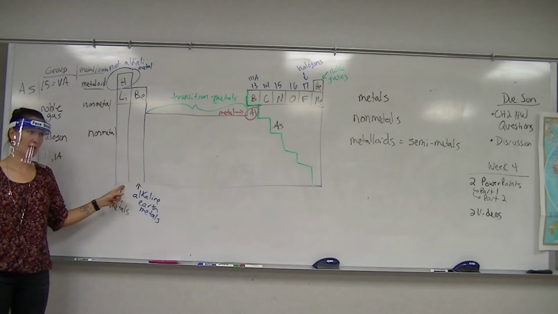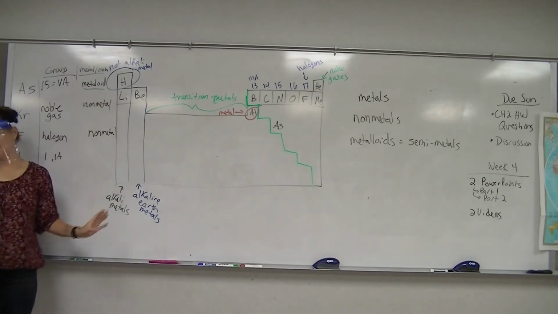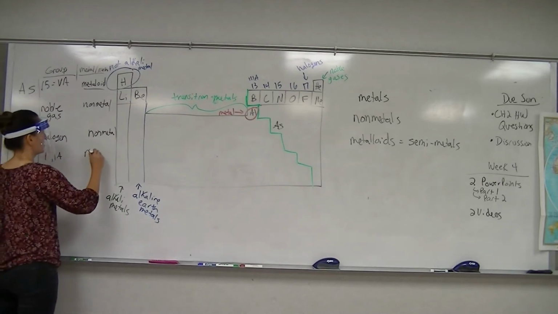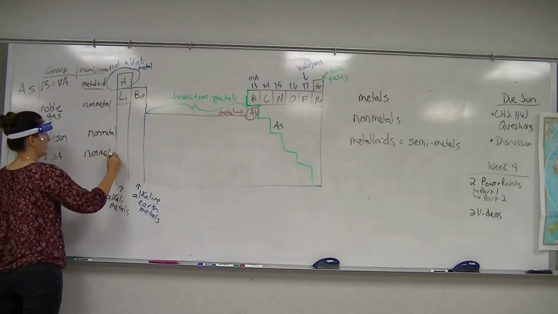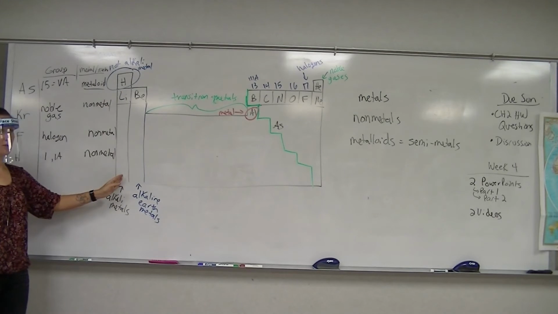So there is a reason why he's there. He doesn't fit property-wise there, but he fits because he has the correct number of valence electrons. And he's a non-metal, yes. So he's the exception. That's why I like to use him as an example. Any other element in that group we would call an alkali metal though.